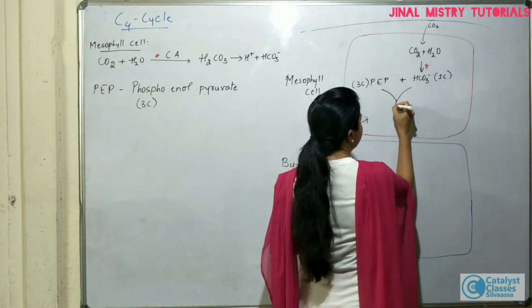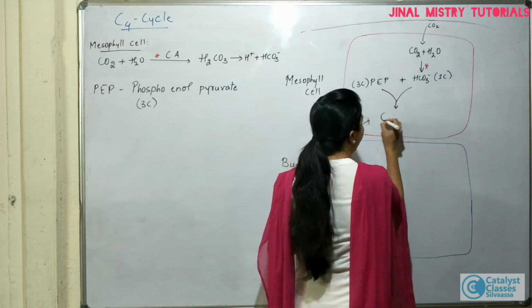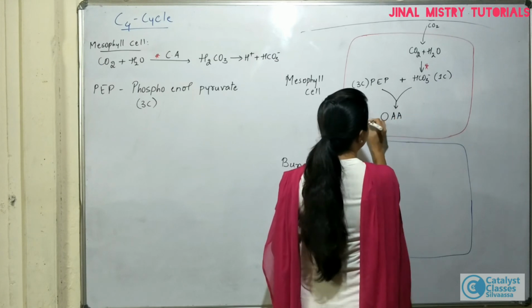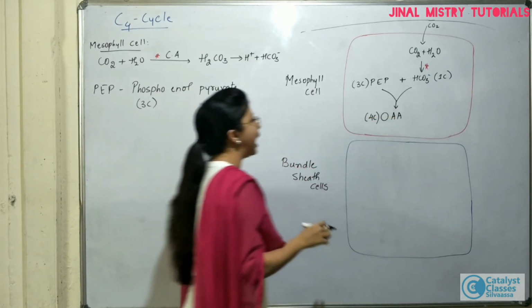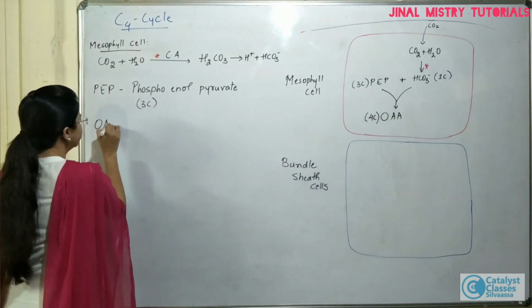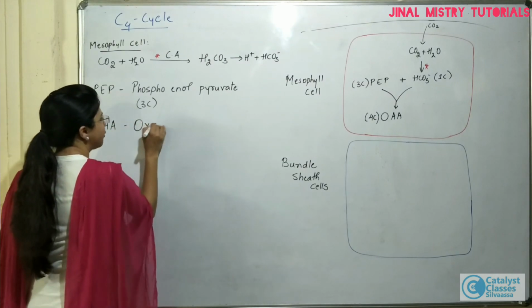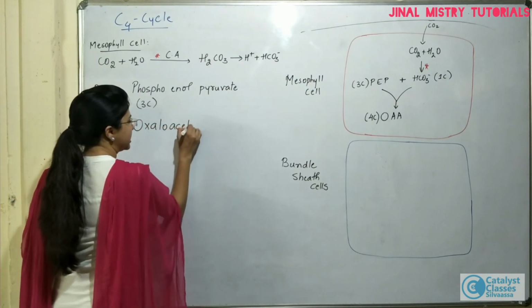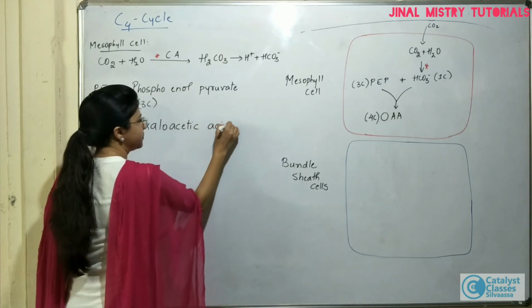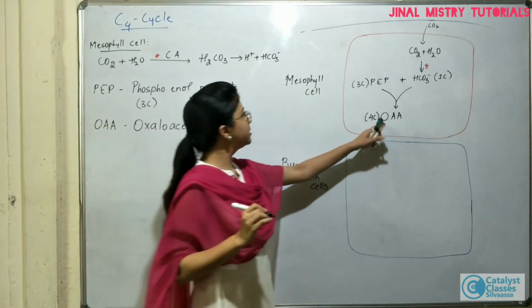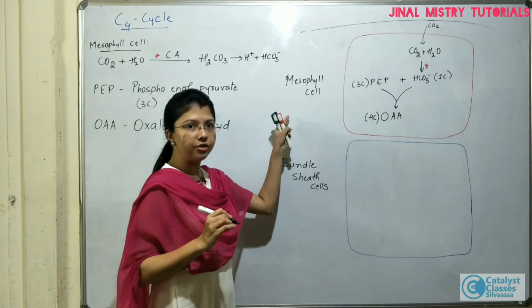Both will react to form a 4-carbon acid, which is called OAA. OAA stands for oxaloacetic acid, which is a 4-carbon compound found in the mesophyll cells.